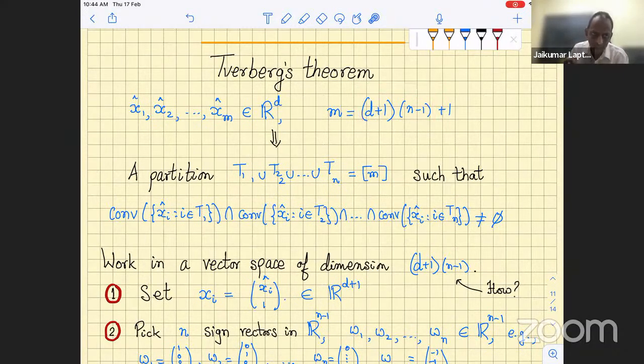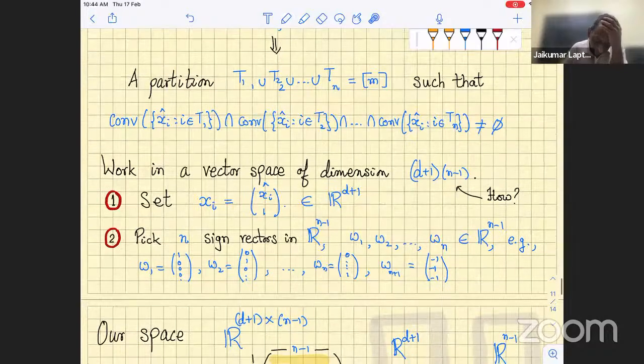Just like if you had only 3 points, it was not true in 2 dimensions. In particular, if you set n equals 2, you recover Radon's theorem. Okay, so this is a generalization of Radon's theorem for arbitrary n, and it's maybe at first sight a strange looking formula, and this is the theorem, and this is Tverberg's theorem.